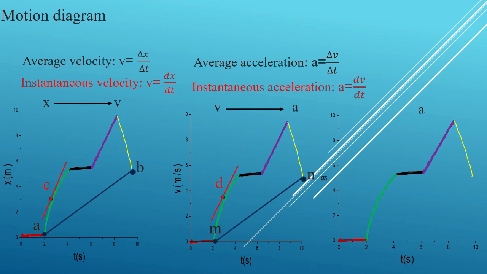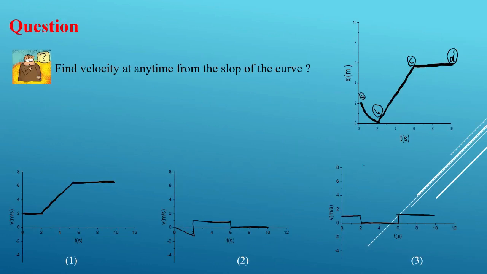Now let's look at one example here. This question asks me to find the velocity at any time from the slope of the curve, right? So here I have the displacement, and then I should find the velocity, right?